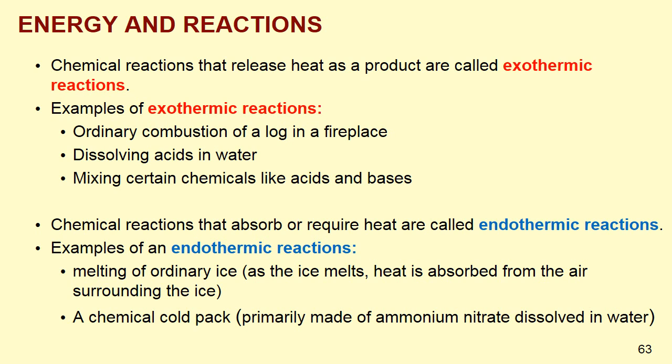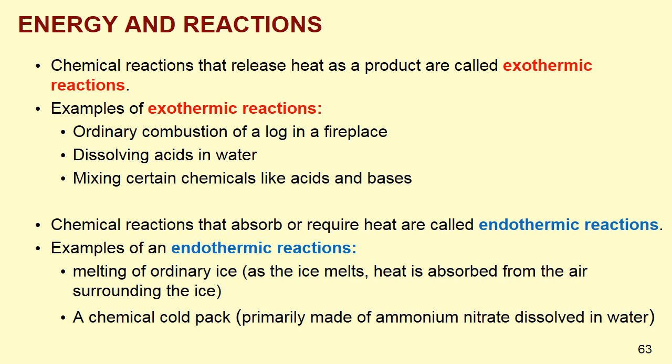Okay, some chemical reactions will absorb heat or require heat to make them go. These are called endothermic. So of course, endo means in, and thermic means heat. So putting heat into the reaction. Some examples of endothermic reactions: melting of ice. You have to put heat into the ice in order for it to melt.